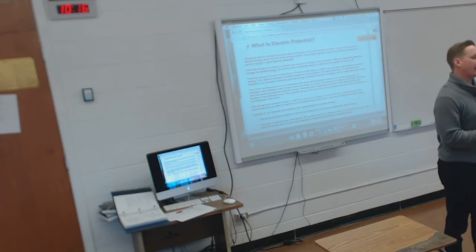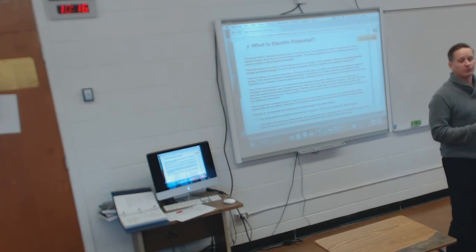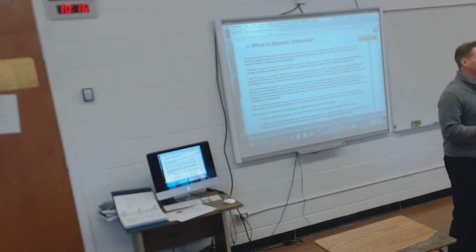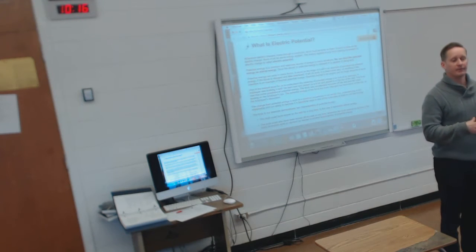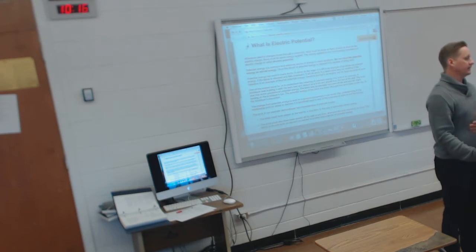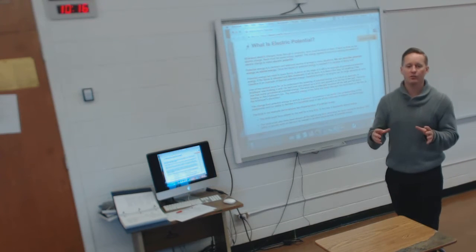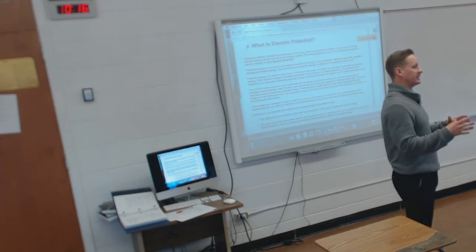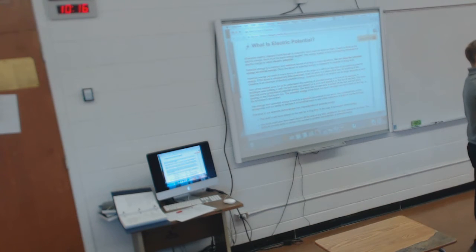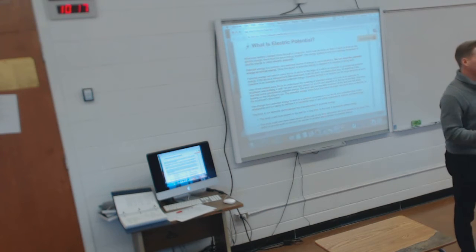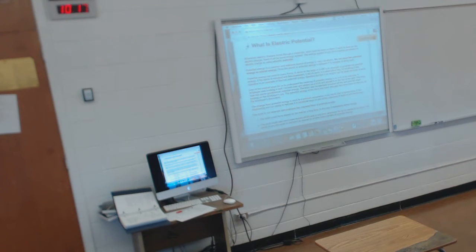Sometimes we refer to it as gravitational potential energy. If I'm standing on the top of a diving board, I have the potential to create energy. Now, potential really refers a lot of the time to something more static or stationary, something that really isn't moving. Kinetic energy refers to something that's moving.